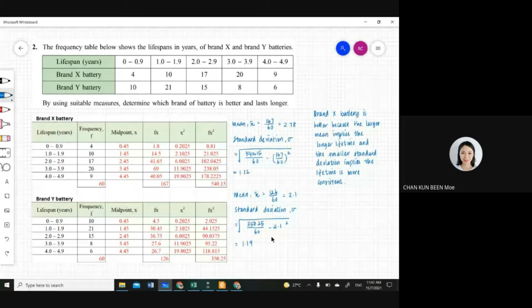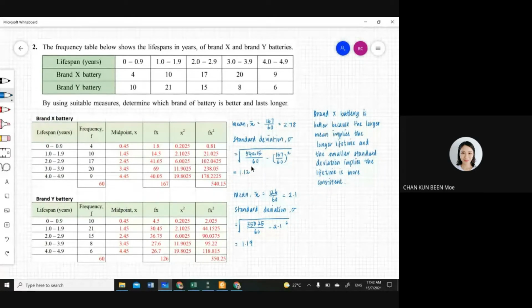Then you compare the mean. Of course, the higher the mean is better. Over here, the mean of battery X is better than battery Y. When you compare the standard deviation, the lower the better. The standard deviation for battery X is better than battery Y, meaning that this battery lasts longer from the mean, and the standard deviation means the lifetime is more consistent.